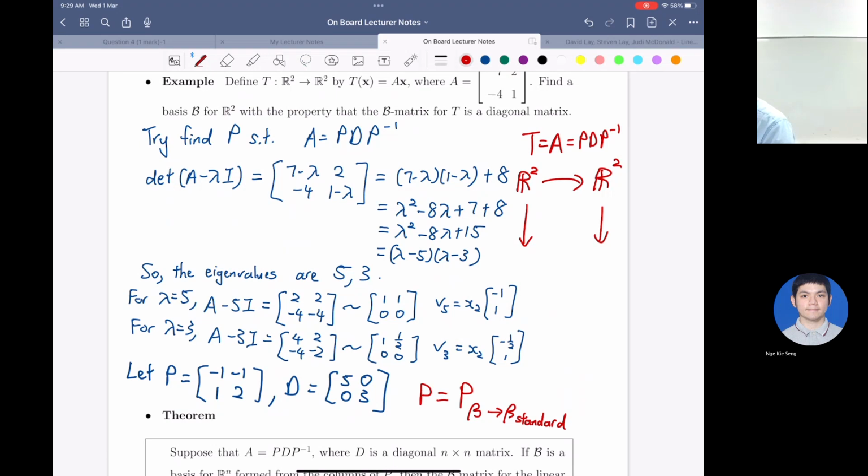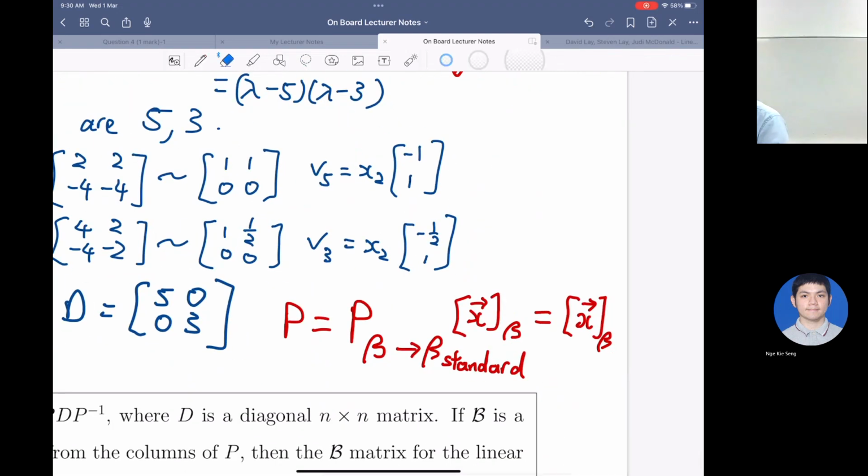So should we recall what we did last time? What is B to B standard? It means if I apply it to the coordinate vector with respect to B, I get the coordinate vector with respect to B standard.